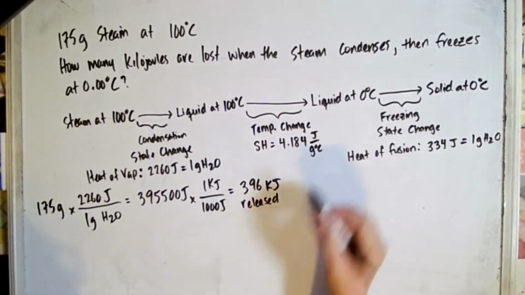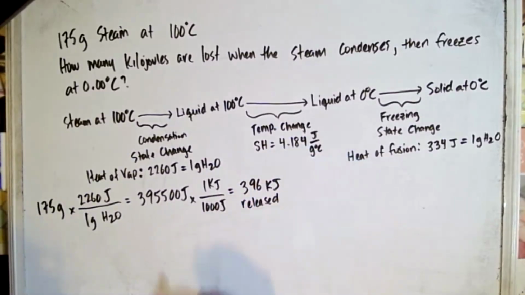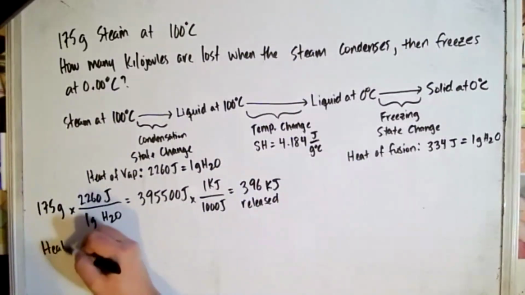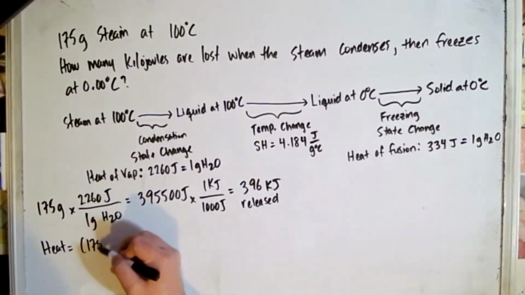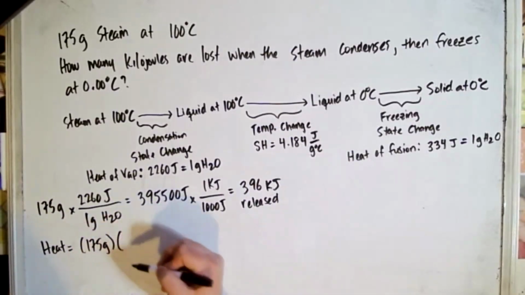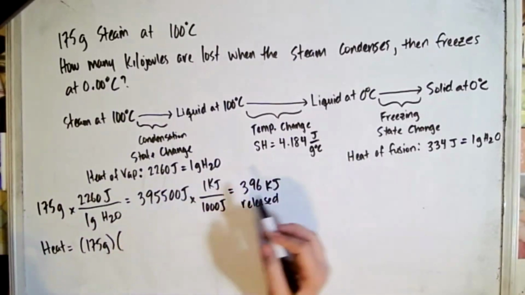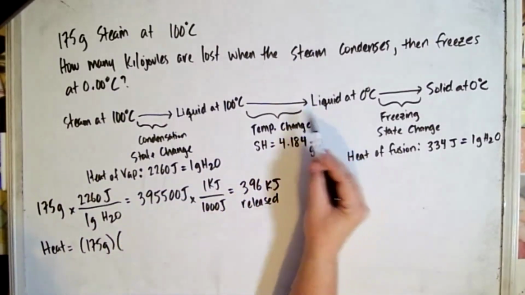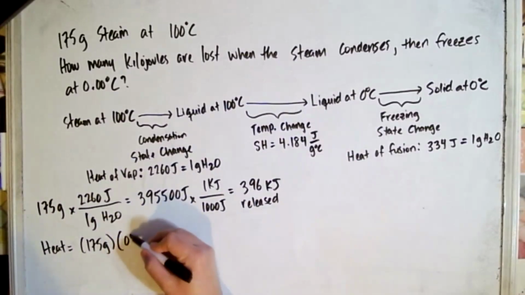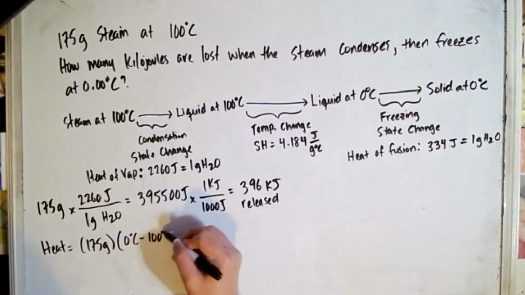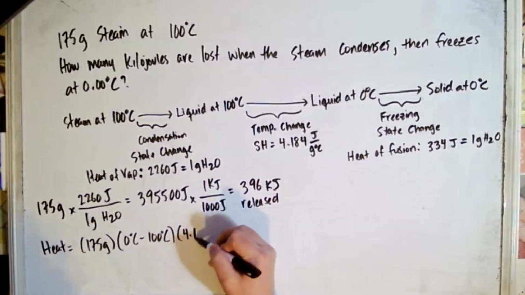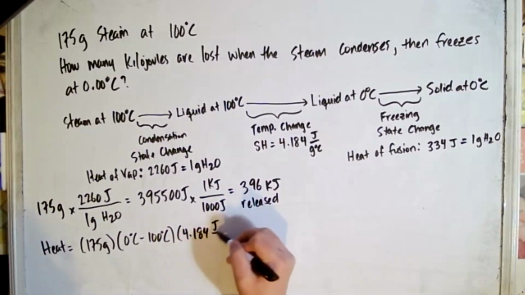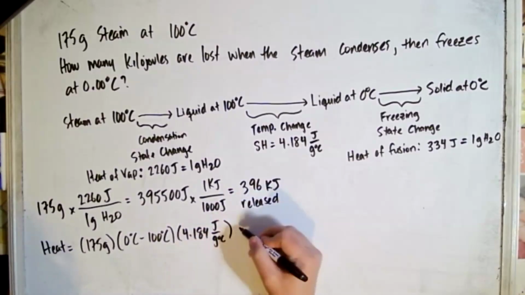Okay. Then we have to do our temperature change. Our temperature change is going to be our heat equation. Heat equals our mass, which is 175 grams, times our temperature change. Our final temperature is 0. Our initial temperature is 100. And then our specific heat for our liquid water is going to be 4.184 joules over grams degrees Celsius.